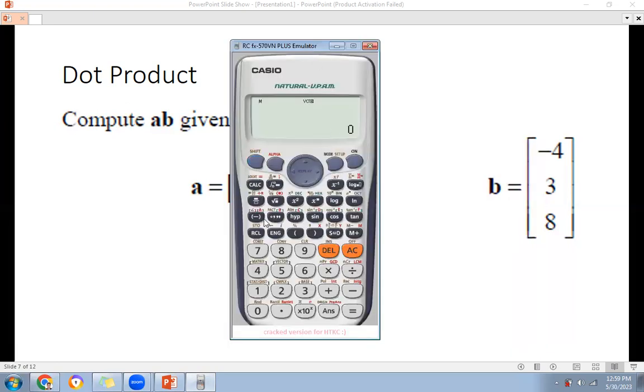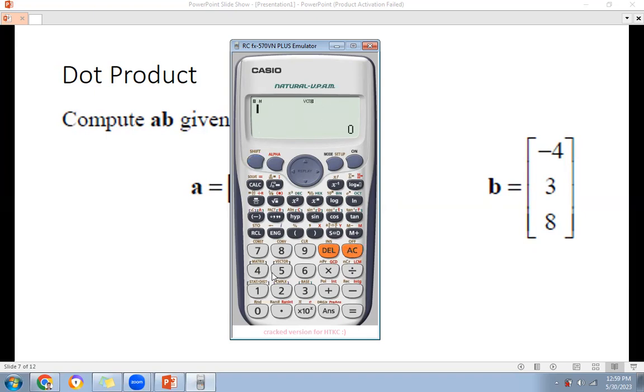Next, for vector B, dimension 1 by 3: -4, 3, and 8. Here we have the dot product, number 7.